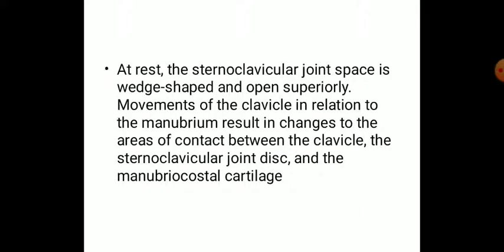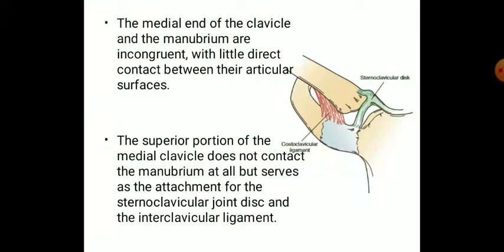The sternoclavicular joint space is wedge-shaped and open superiorly. Movements of the clavicle in relation to the manubrium change the area of contact between the clavicle, the sternoclavicular joint disc, and the manubriocostal cartilage.